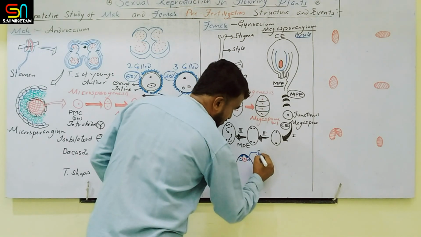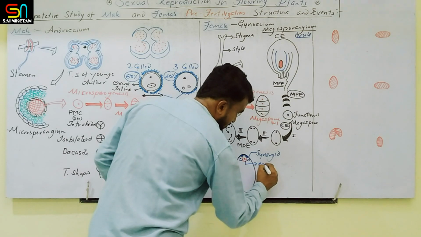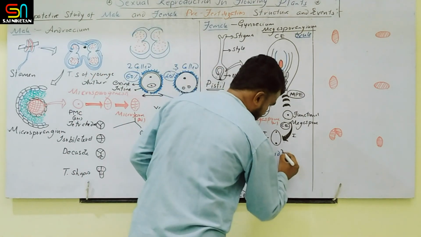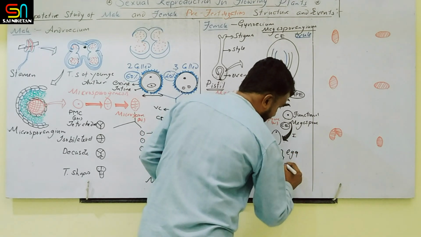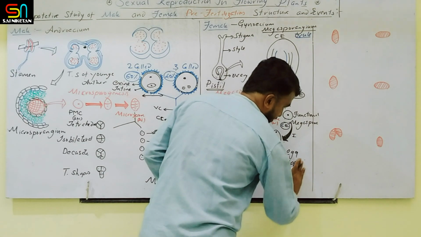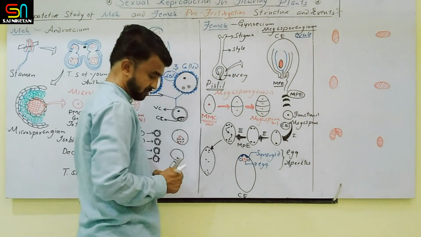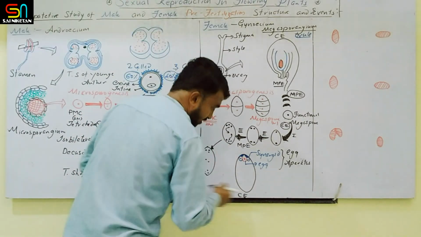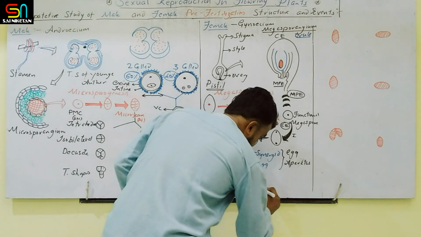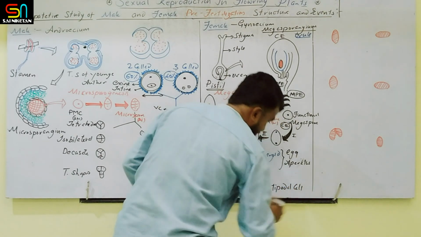So this is one egg and synergid. This is synergid and this is an egg. Collectively it is called the egg apparatus. This is the egg apparatus. Toward the chalazal end, 3 cells are there. These are called antipodal cells.